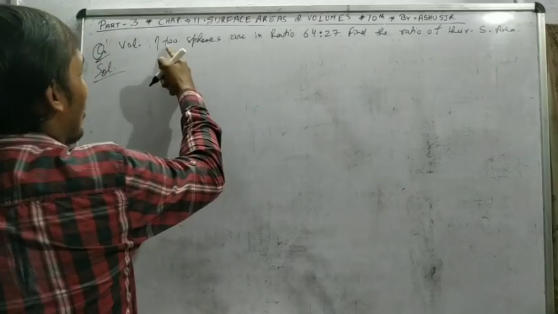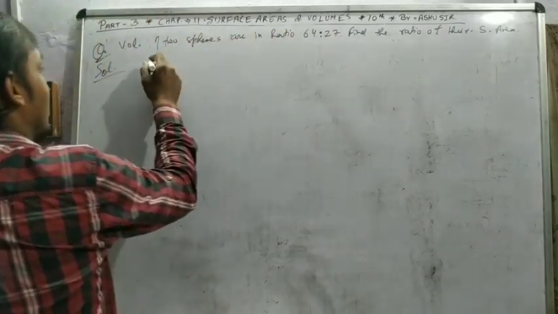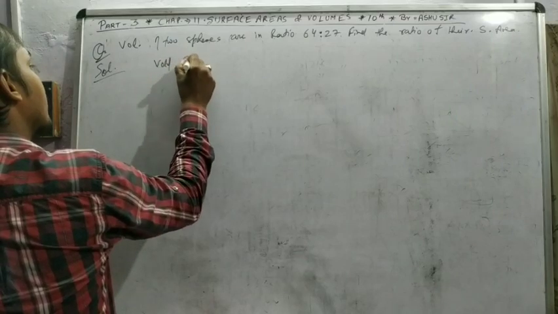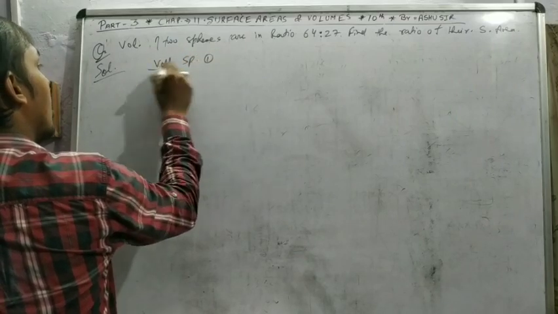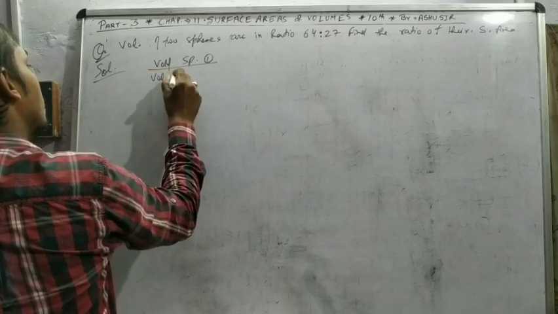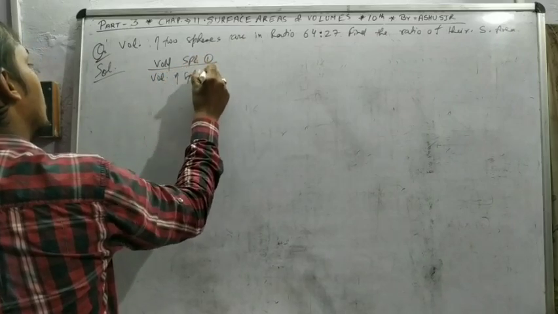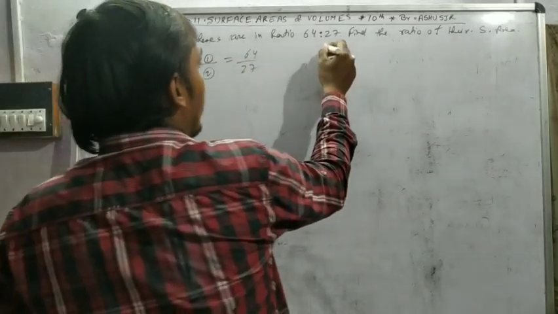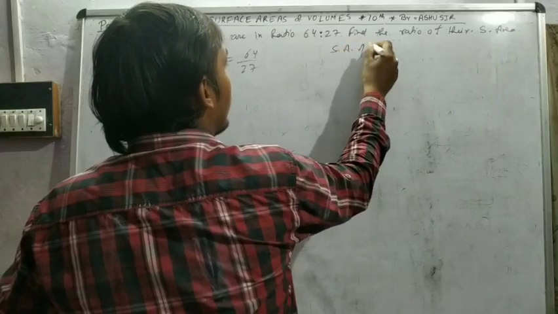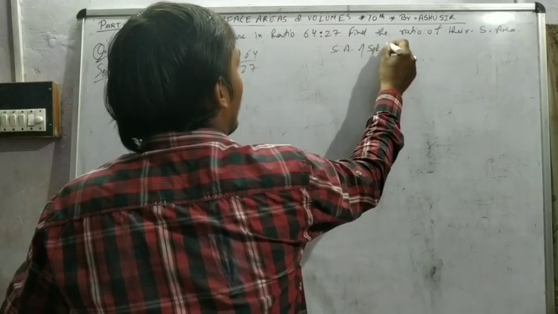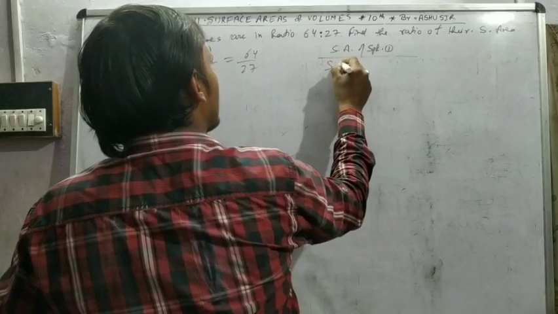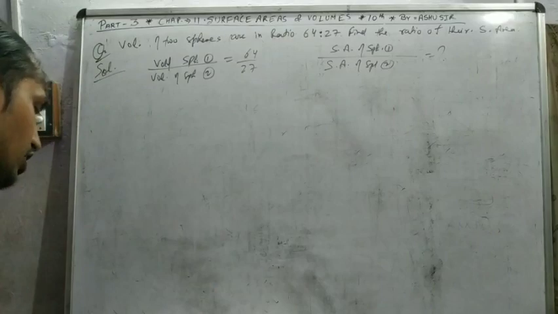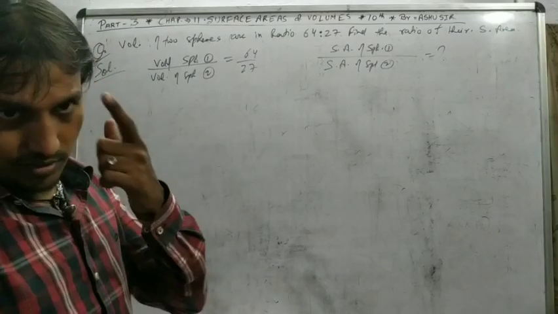So two spheres: volume of sphere 1 upon volume of sphere 2 is equal to 64:27. We want to find surface area of sphere 1 upon surface area of sphere 2, the ratio of their surface area.